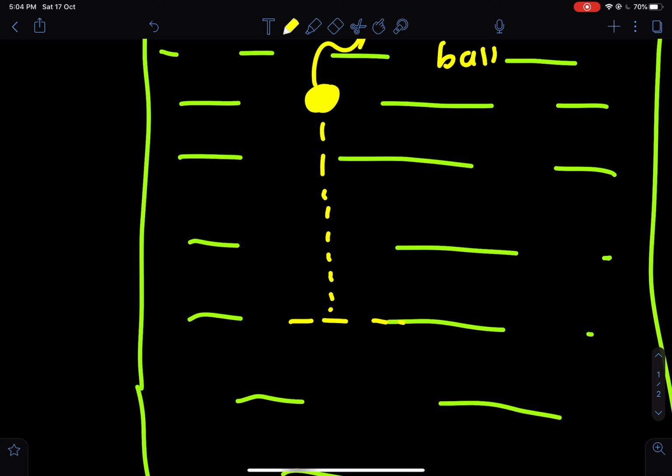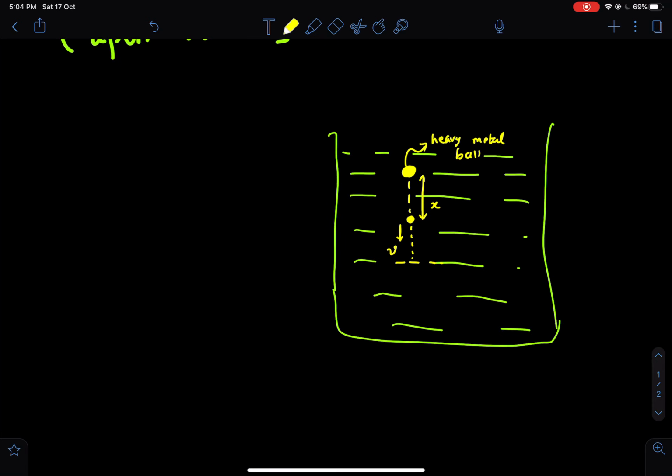Let's say the ball has traveled some distance x and it has achieved some velocity v, which is not the maximum velocity, the terminal velocity, but is less than it. The velocity is v right now and it is increasing at a rate of dv by dt. So we have to get this dv by dt.